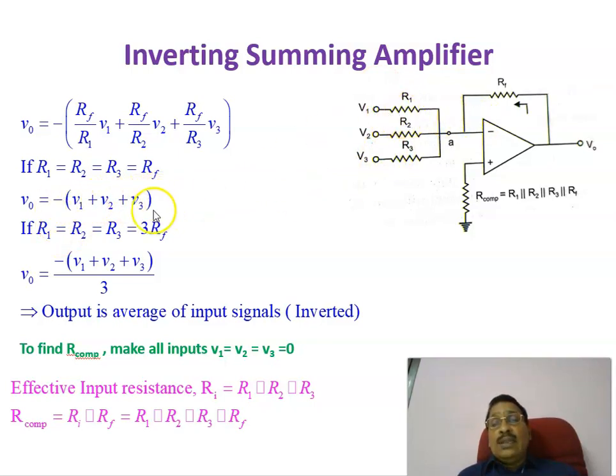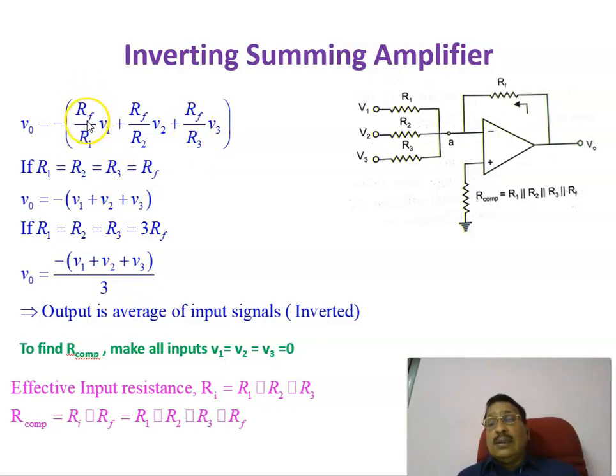Now, instead of this equal value, if you assume that R1 equal to R2 equal to R3, which is equal to 3 times Rf, and substitute the same thing here, we get the output voltage equal to minus of V1 plus V2 plus V3 divided by 3, because R1 equals 3 times Rf.